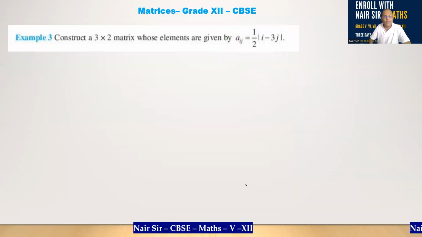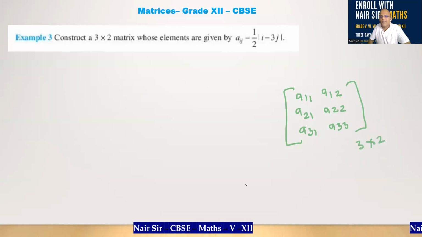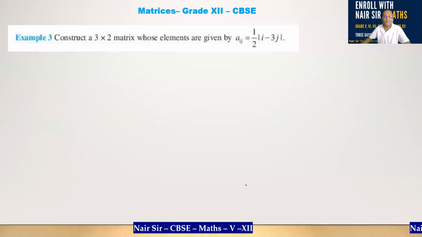I will change it. You know what I'm supposed to do? It has to be a11, a12, a21, a22, a31, a32. That was my mistake. Now this is a 3 by 2 matrix. Now what I'm going to do is put these values in this. Clear? I'm going further.